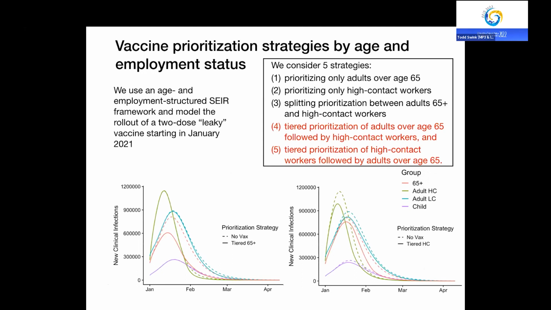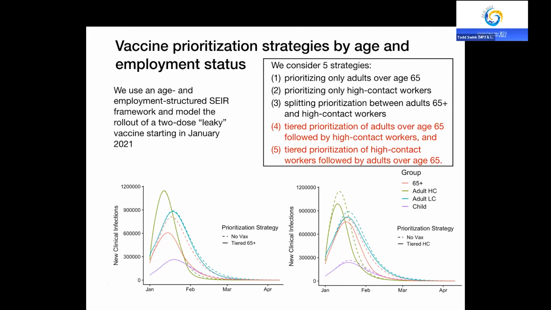We have variations where we split vaccinations between adults and high contact workers, and tiered rollouts where we first prioritize one group and then focus on the second high risk group. Again, the idea here is to think about both the direct and indirect effects of vaccination.